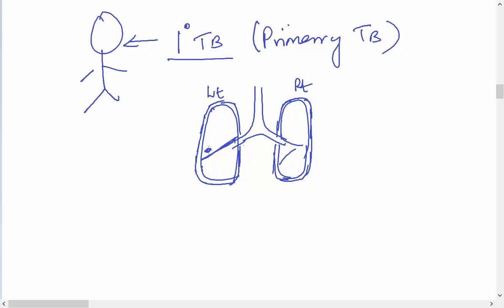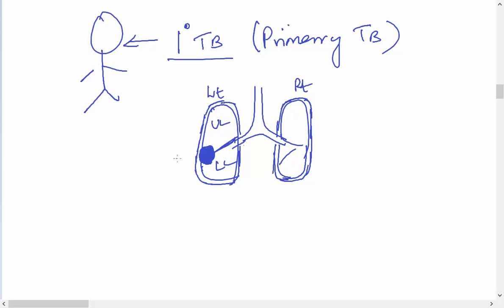This is the upper lobe, this is the lower lobe, and it settles in the lower part of the upper lobe or the upper part of the lower lobe, near to the pleura, which means in the periphery.